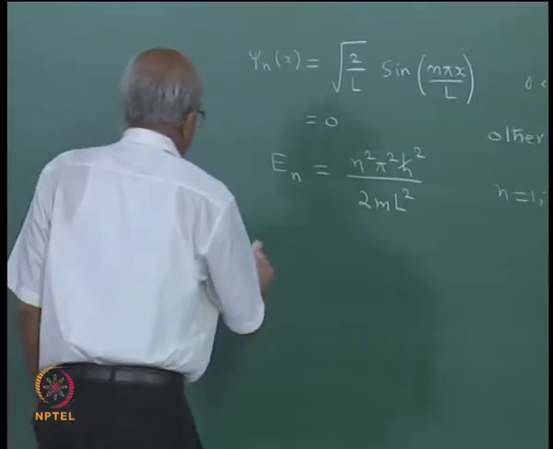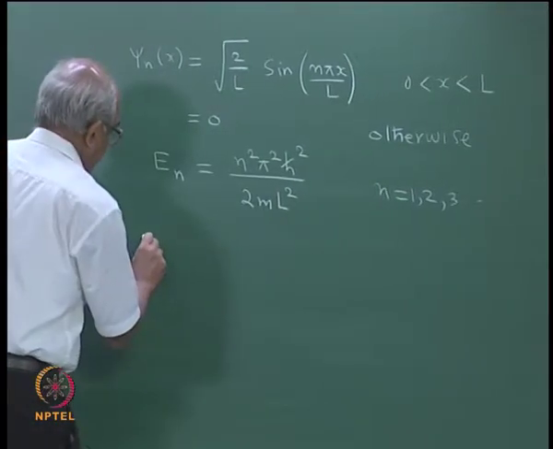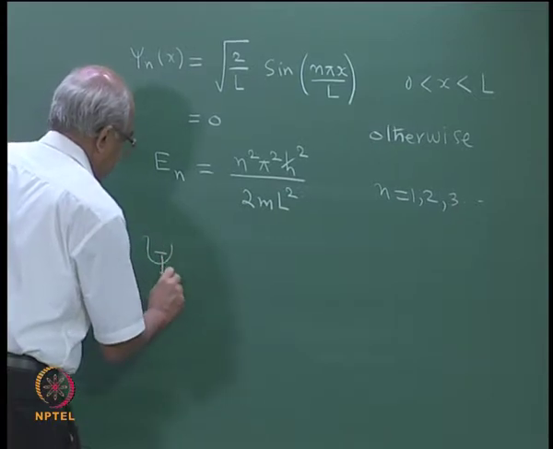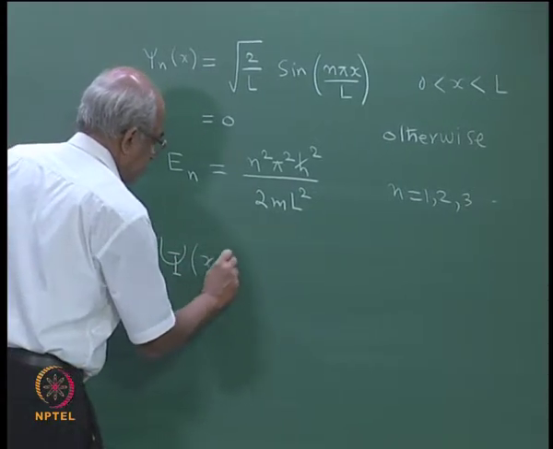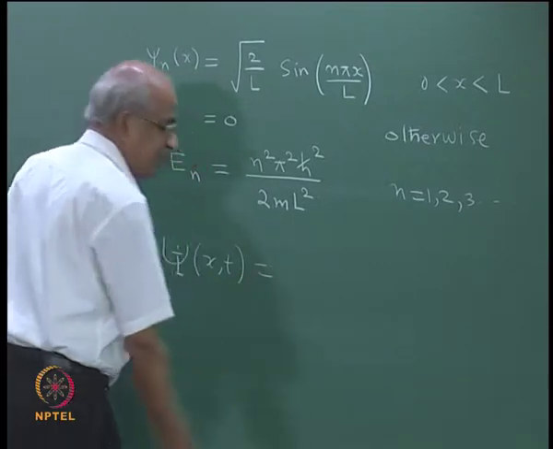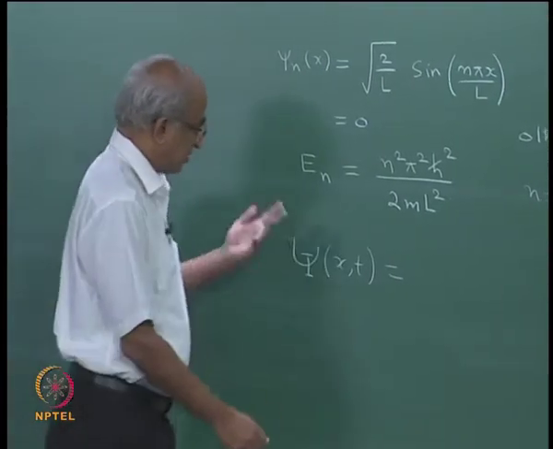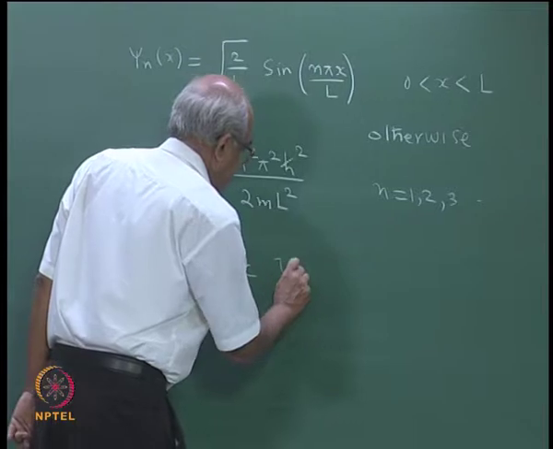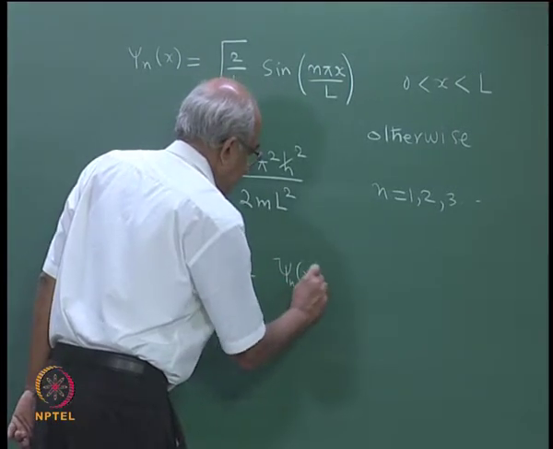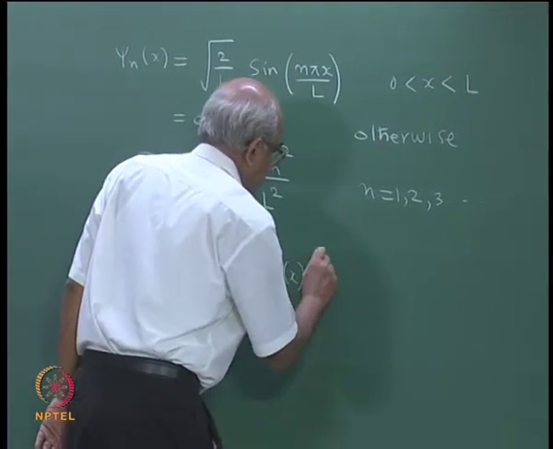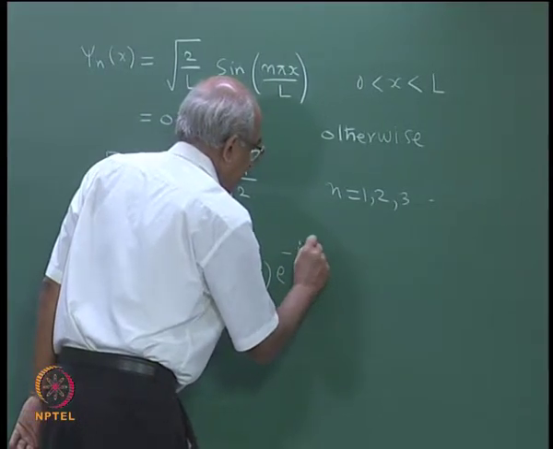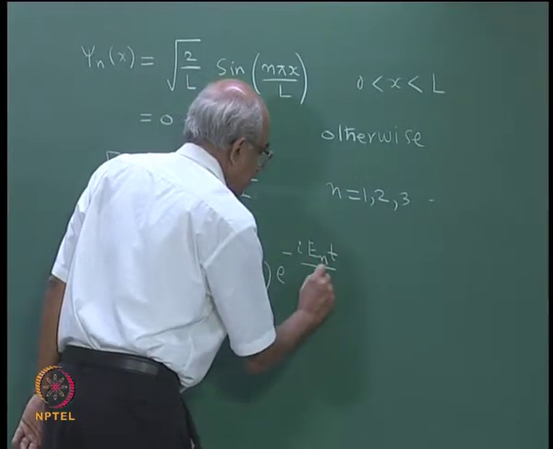And further, this function will give me a total wave function. When I say total wave function, it is a function of x as well as t, which as we have seen would be given by psi n of x into e to the power of minus i E n t by h cross.